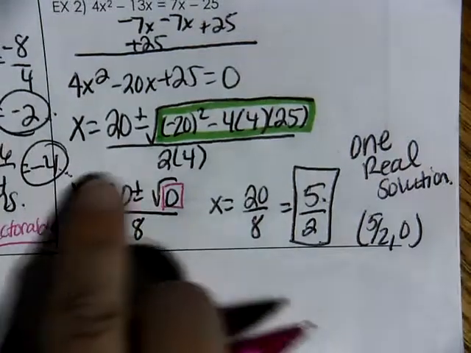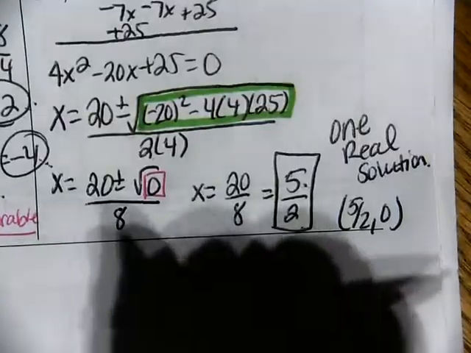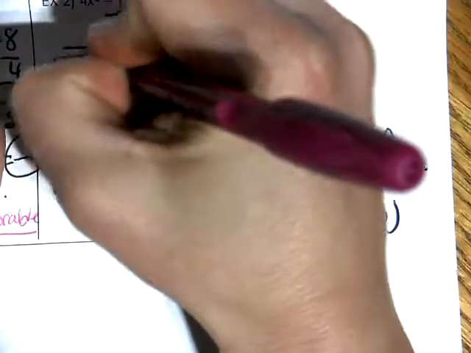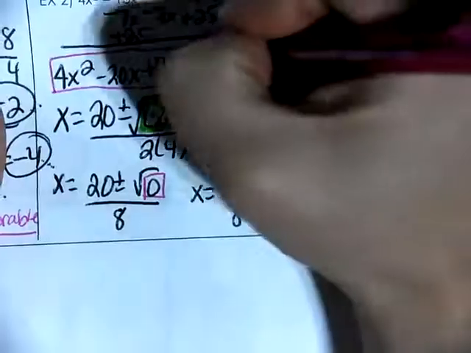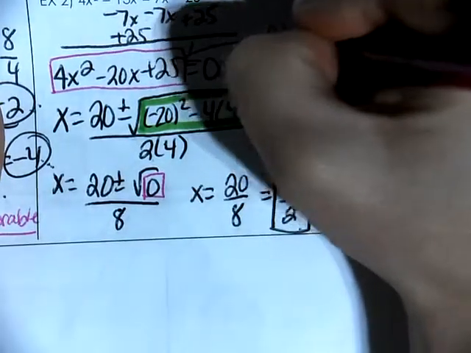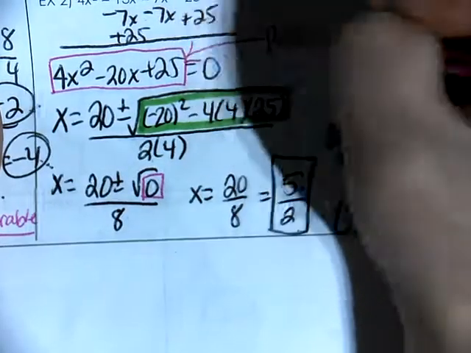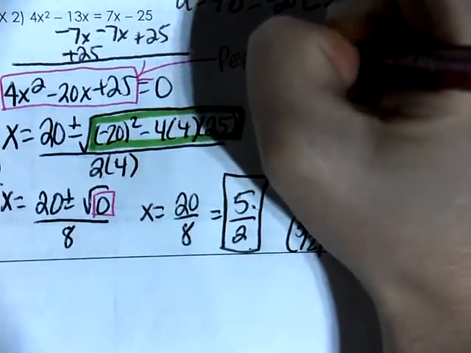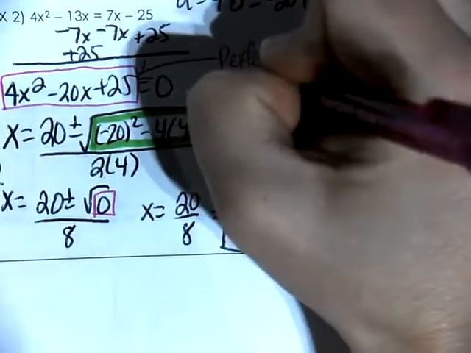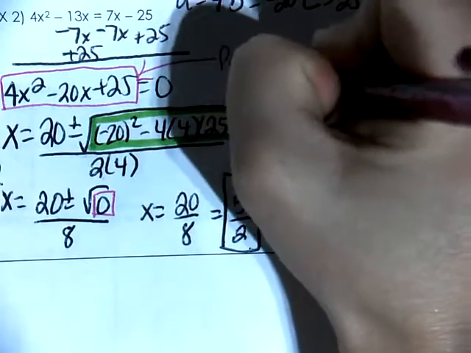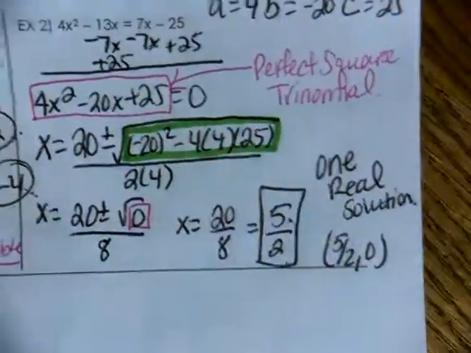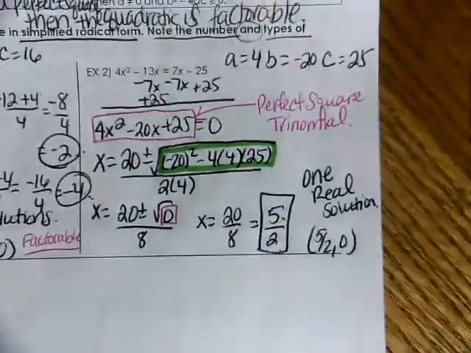Anytime that you see your radical being 0, that means that what you started off with was a perfect square trinomial. If you have a perfect square trinomial, quadratic formula is not the most appropriate method. Could it solve?